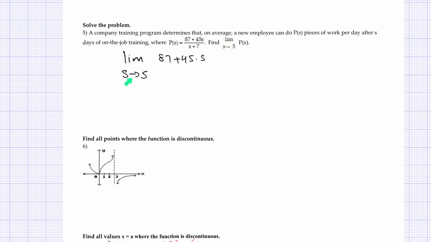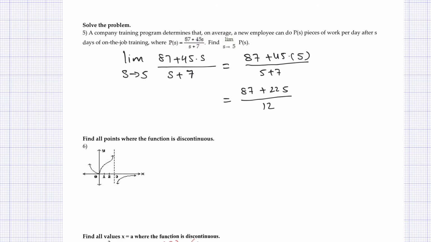So applying the limit as S approaches 5 to 87 plus 45 times S divided by S plus 7 gives 87 plus 45 times 5, divided by 5 plus 7. Simplifying, we obtain 87 plus 225 divided by 12, which is equal to 312 divided by 12, which is equal to 26.